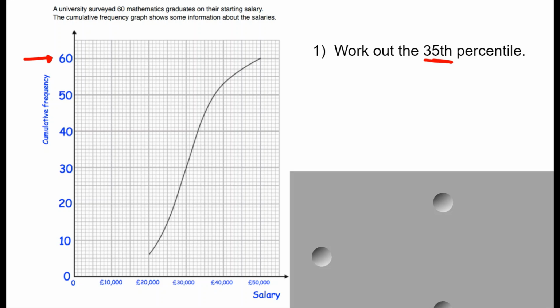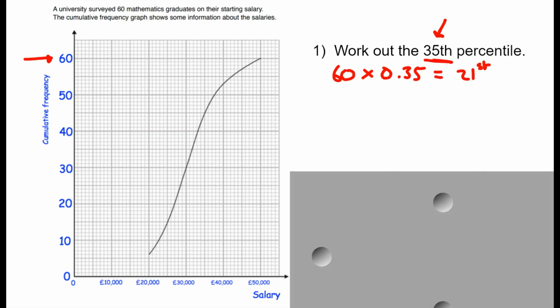So what we're going to do is take how many values we've got and multiply it by this 35th percentile as a decimal, 0.35. If we do that, it's going to give us 21. So we want the 21st bit of data.